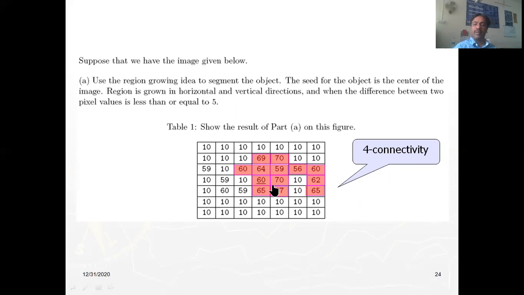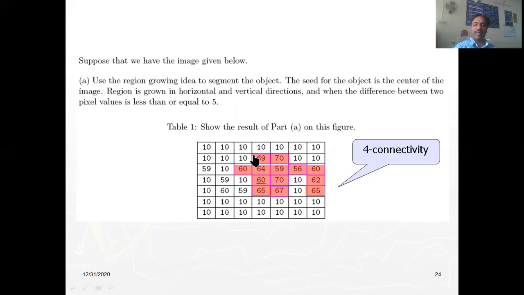Then again, you can consider this pixel 70. When you consider 70 as the seed pixel, you cannot add 10, right? So we cannot add any other pixels for 70.